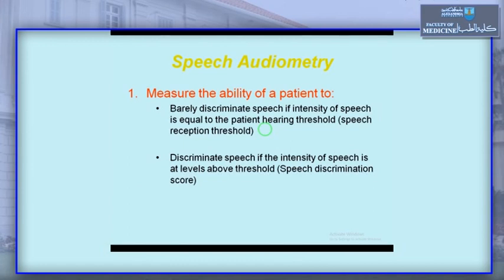If the patient can repeat, for example, 15 words of the 25, this means that his speech discrimination score is 60%. Each word is counted for 4% because there are 25 words, and I have to calculate the percentage of correctly repeated words.